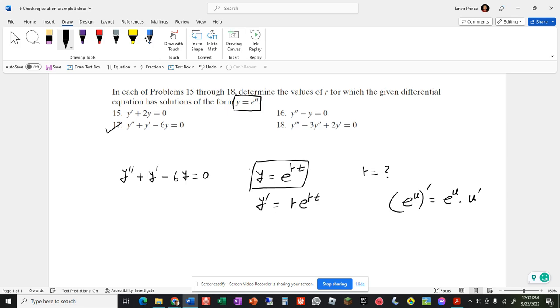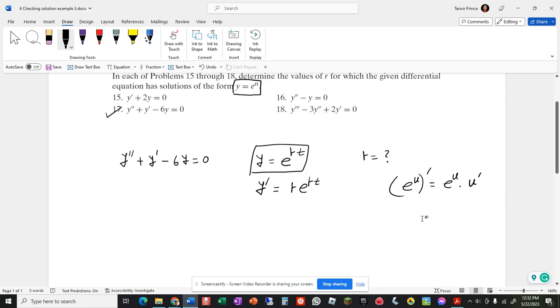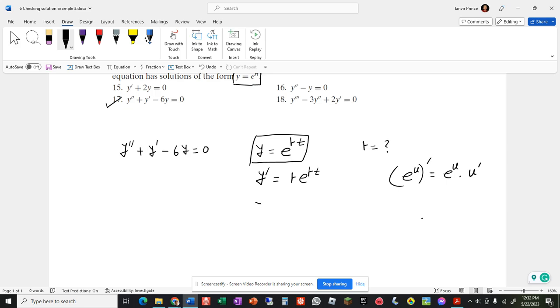So the derivative of rt is r because r is a number here, right? Very good. Let's look at y double prime. Exactly the same way, it is r squared e to the rt. Remember, r is a number, so you can bring it outside the derivative and you get this answer.